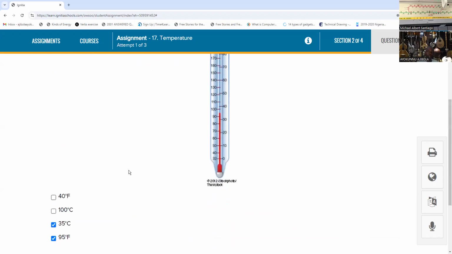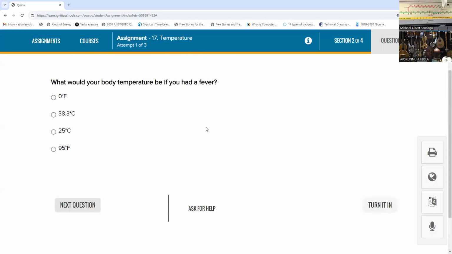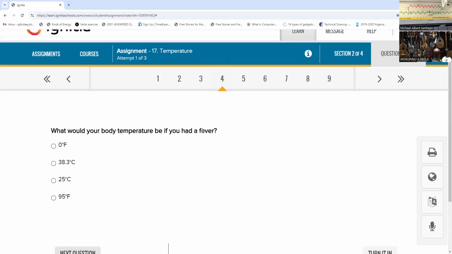You're not there, I can see you. So the next page, I can't see your face. What would your body temperature be if you had a fever? It can be 25, it can be 0.